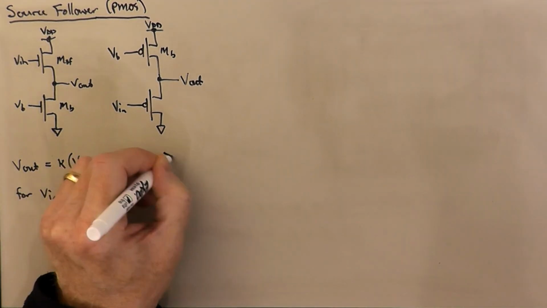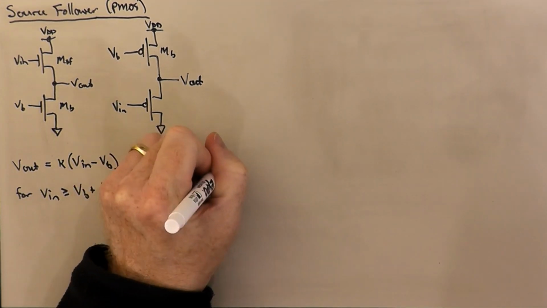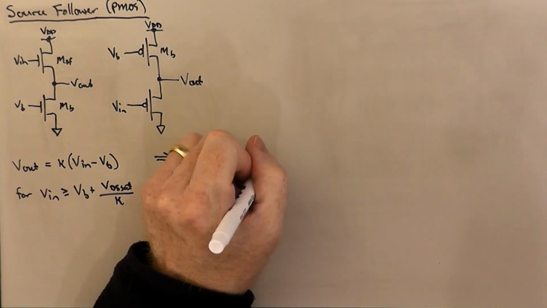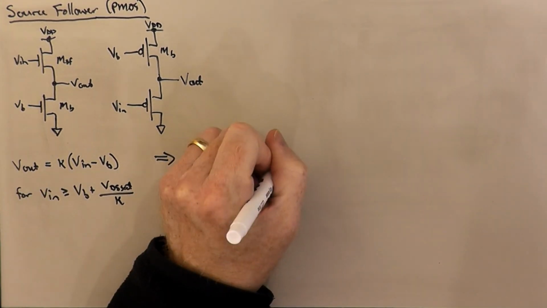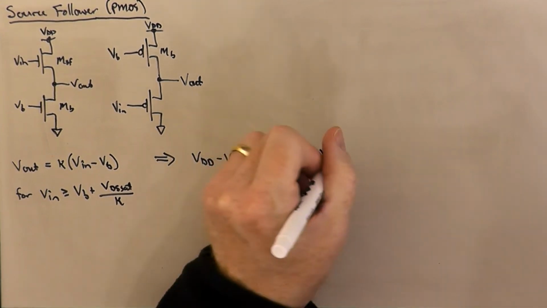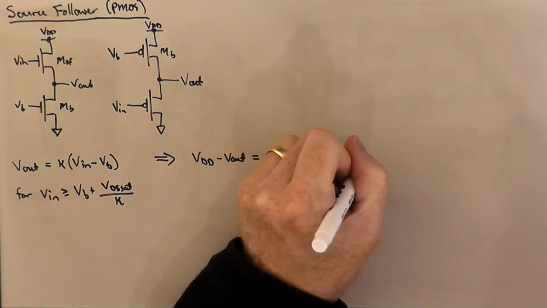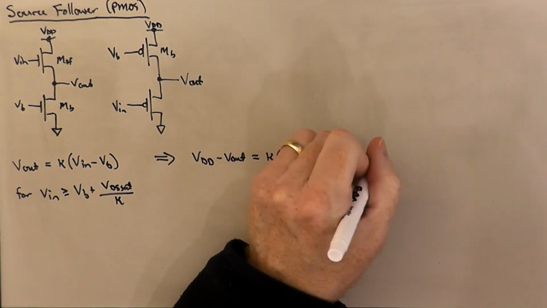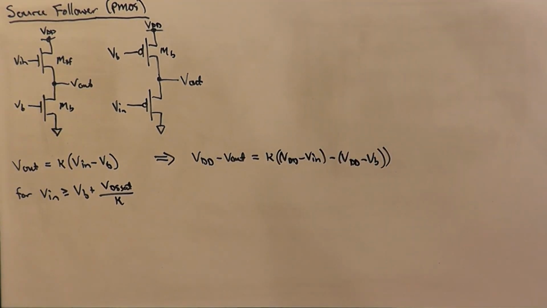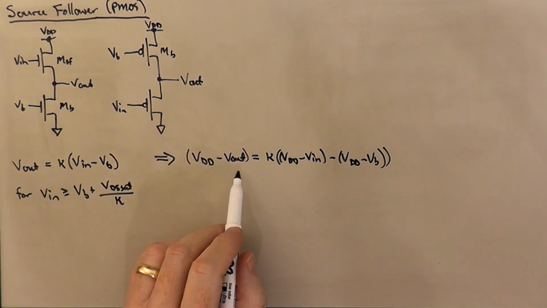This one would map into VDD minus Vout is equal to kappa times VDD minus Vn minus VDD minus VB. Okay, so every place we had a voltage, we replace it with VDD minus a voltage.